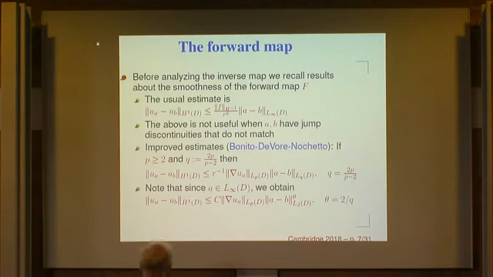The integral of A minus B to the Q, you take out the Q minus 2, and that becomes just some constant, because you know that A minus B is in L infinity, and this is less than or equal to the norm of A minus B in L2 to the 2 over Q, or something.